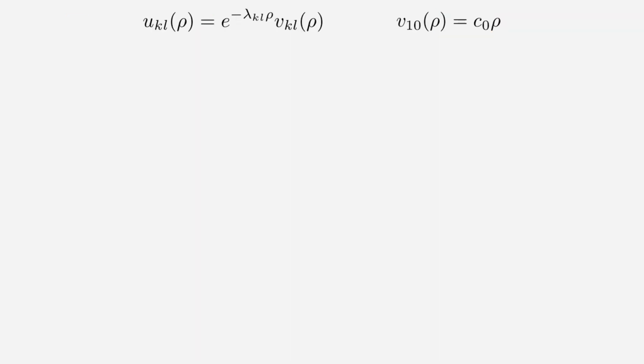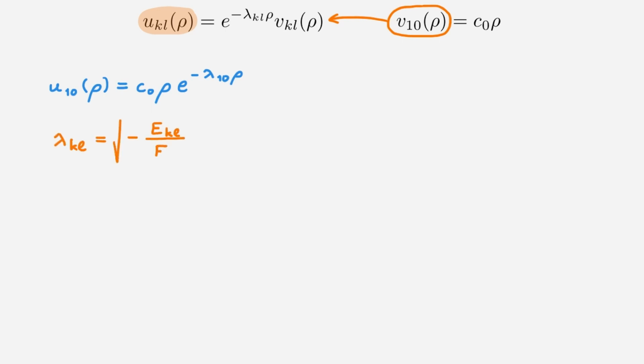Right, the next step is to build U. In the ground state, this is U10. Inserting the expression for V inside this equation, we get C0 times rho times this exponential. Now we quickly remind ourselves of the definition of lambda, and in our case we have lambda 10, which is equal to this square root.